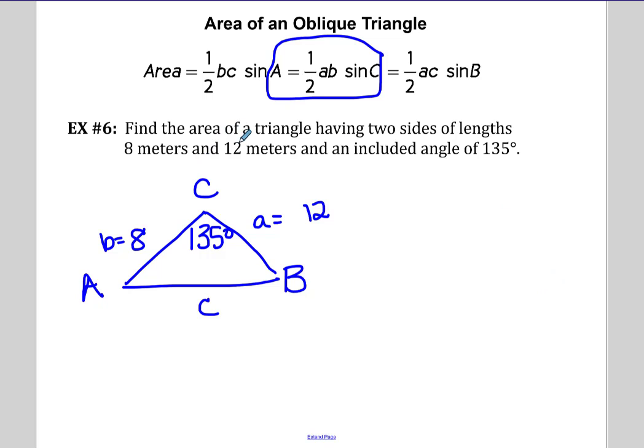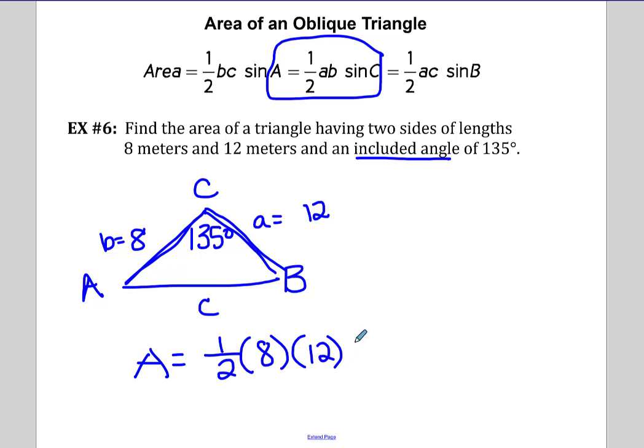So I have the area of the triangle. I have the included angle. See how it's side, angle, side? You don't really have to letter the triangle. You just have to realize it's a side, angle, side. And you can find that area by doing half of the two sides times the sine of the included angle.